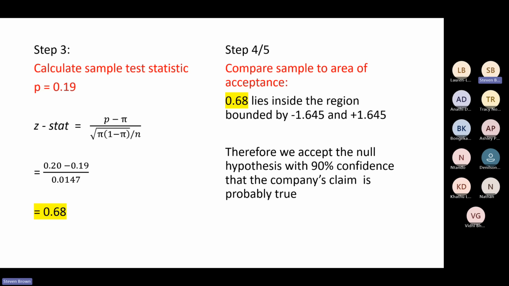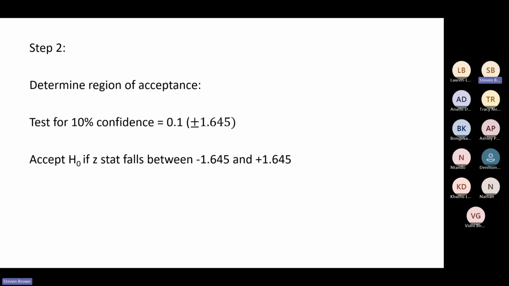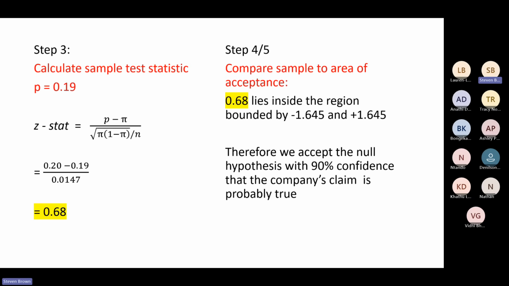The boundary values are the ones you didn't calculate, you learned them: minus 1.645 and plus 1.645. Therefore, does 0.68 lie between them or lie outside of them? Well, patently, class, it lies between them. It's actually very close to the mean. So you can say it lies inside the region. Therefore, we accept the null, that the claim is probably true.